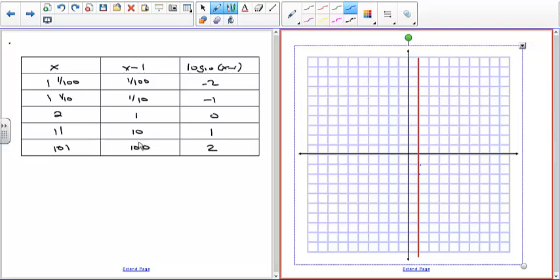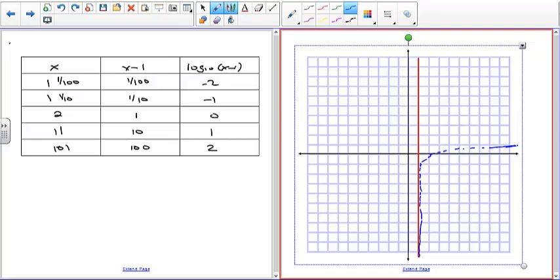At 11, which is just off the sheet here, we have 1. So I didn't plot this point because it's way off. So you're going to come like this, go through there, and then loop down, and then approach this vertical asymptote.